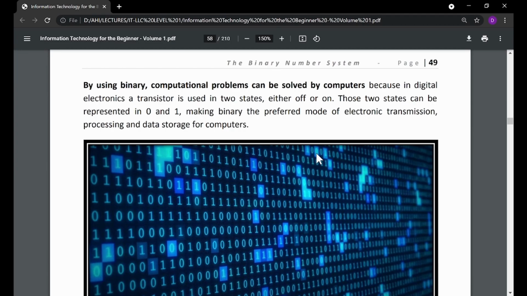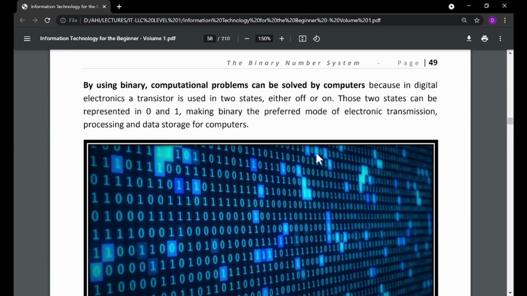If you look, the CPU is made up of millions of transistors. And these transistors operate in 2 states.